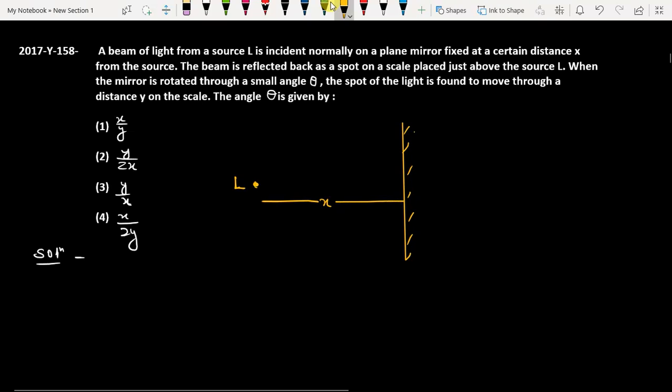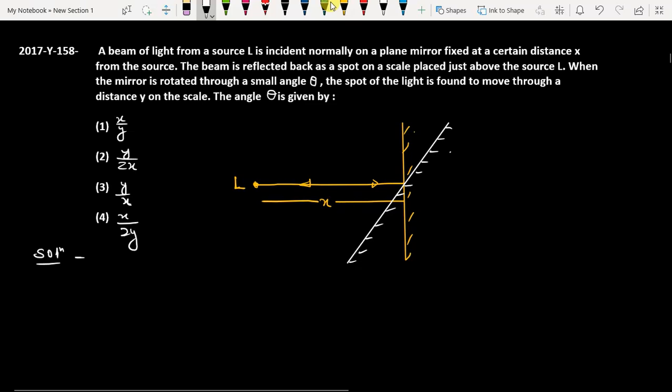Initially the light is going like this, normally going to hit the mirror, and we know that it will retrace its path, right? In the second part of the problem, when you rotate the mirror by the angle theta, you are doing this. We are rotating the mirror with a very small angle theta.